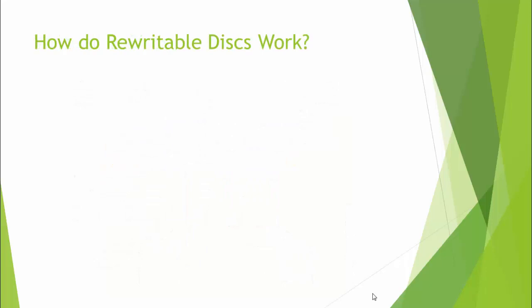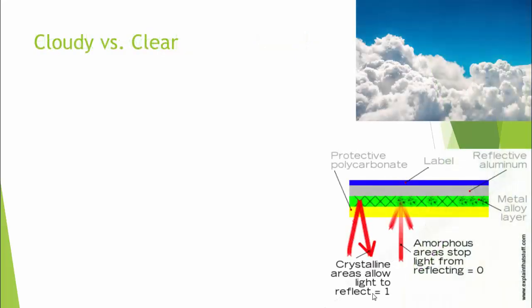What about rewritable disks? Once we burned that dye, it's permanently burned. There's nothing we can do about that. So how do rewritable CDs work? Well, in fact, instead of using a dye, they use a crystalline material. So crystalline, you can think of it as being like a sugar cube, like a crystal of sugar.